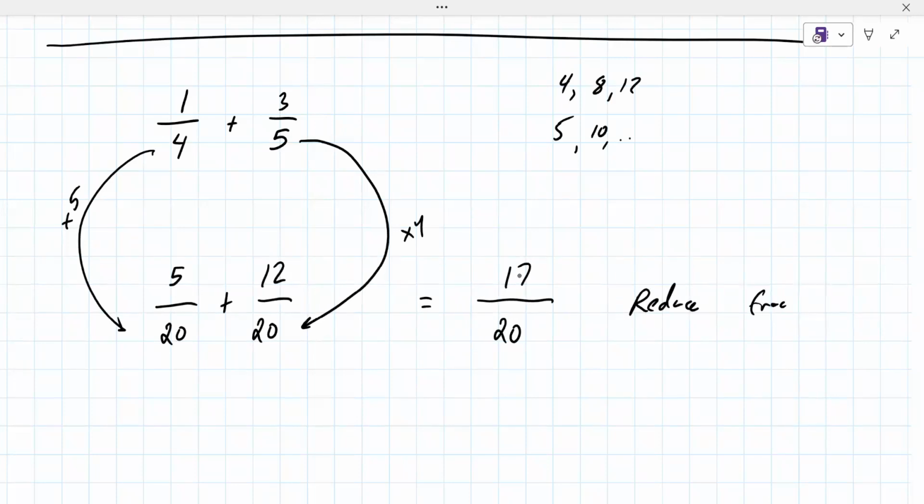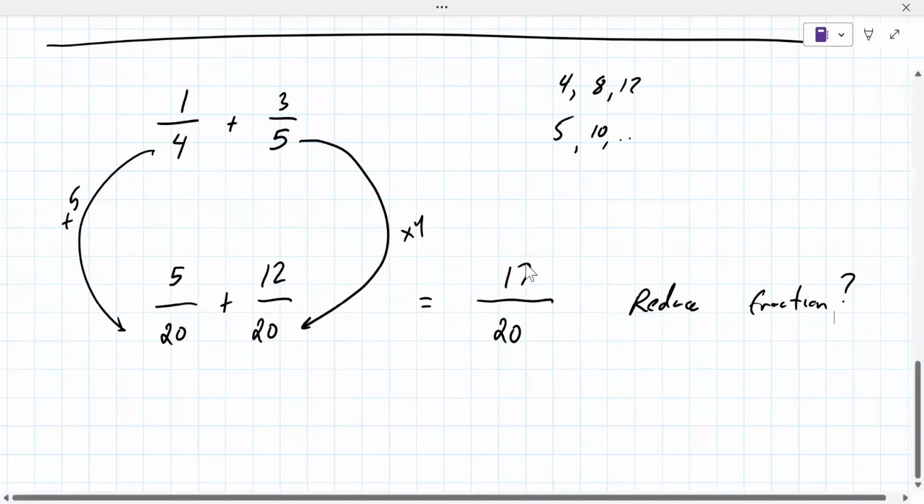Do you know if this is reducible or not? Yeah. Okay. If it is, and you're saying it is, that means there's a number that goes into both the top and the bottom. I was just asking you. I'm not implying that it is. I'm just saying if it is reducible, then what goes into the top and the bottom?